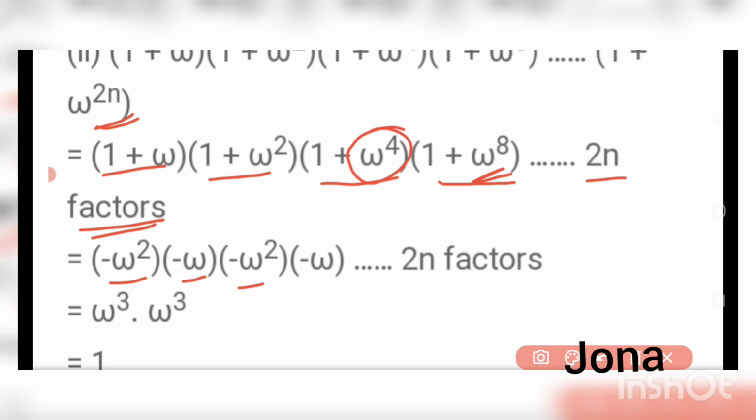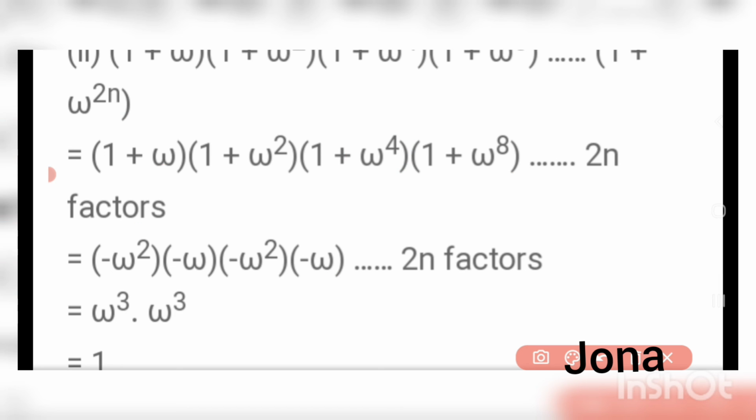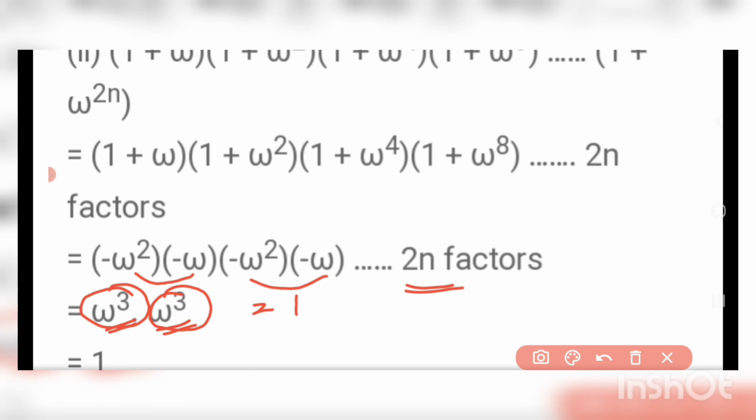So 1 plus omega square is here, so the value is minus omega. So we can conclude that minus omega square into minus omega is omega cube. Even here also like this, omega cube, etc. It will go till 2n factors there. So the value of omega cube is 1, isn't it? So 1 into 1 is nothing but 1 here.